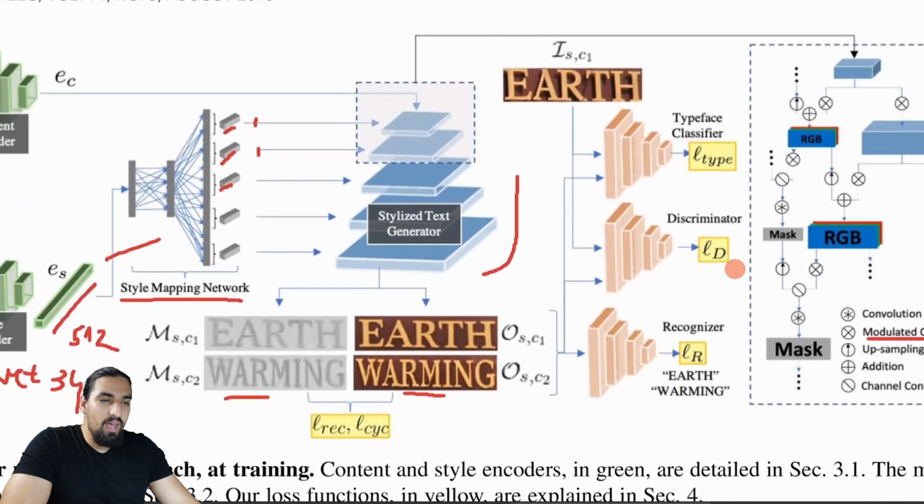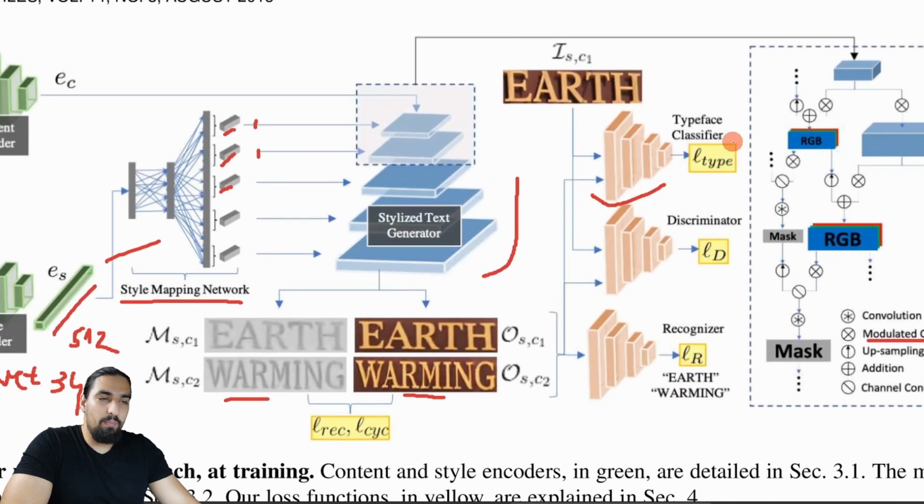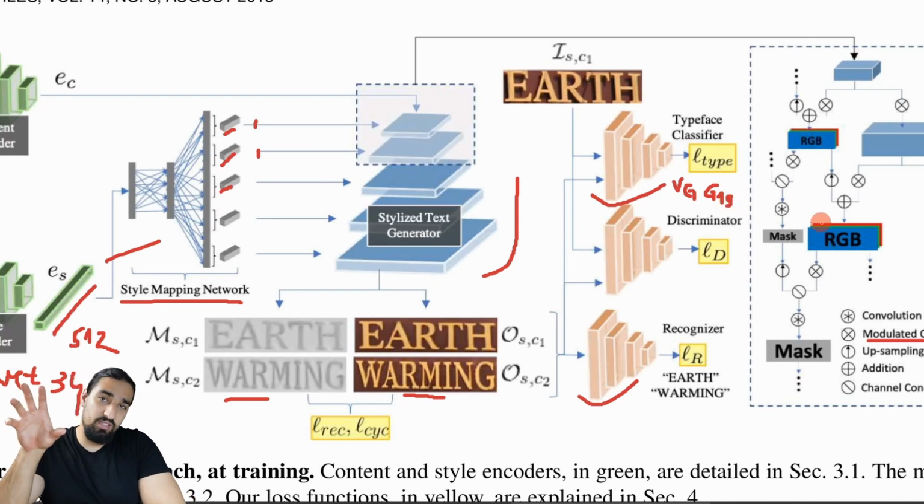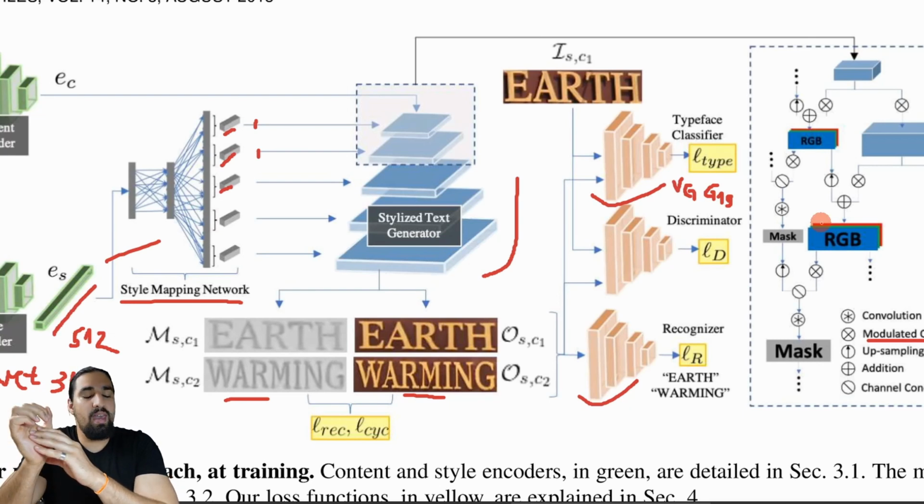So they have these two here. The typeface classifier and the recognizer are pre-trained and frozen during the training. This one is a VGG19 network. What they do is they take a VGG19 network and they have some synthetic data set with certain word images, and they have the ground truth labels for the font type.